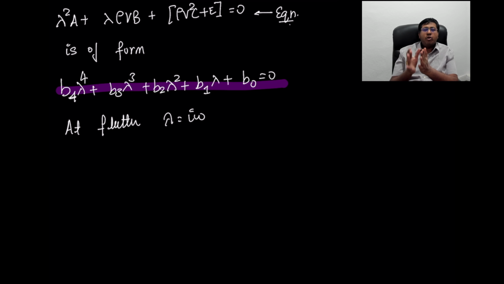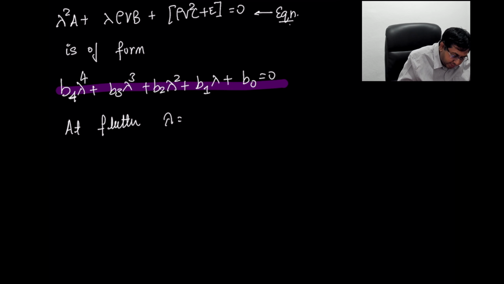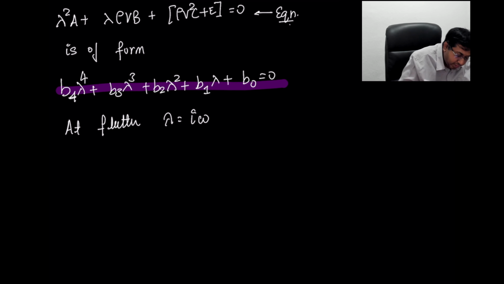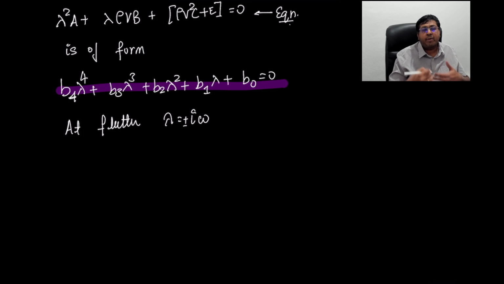If a equal to 0, then that's the point of flutter. Which means that at the point of flutter, lambda is of the form i omega. Without loss of generality, it is of the form plus or minus i omega.